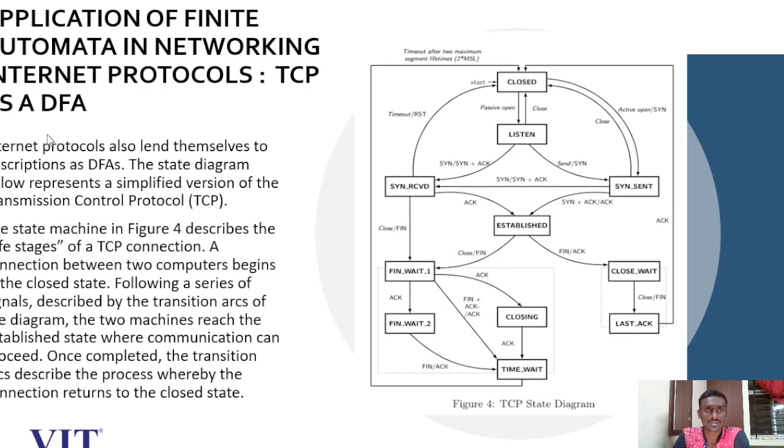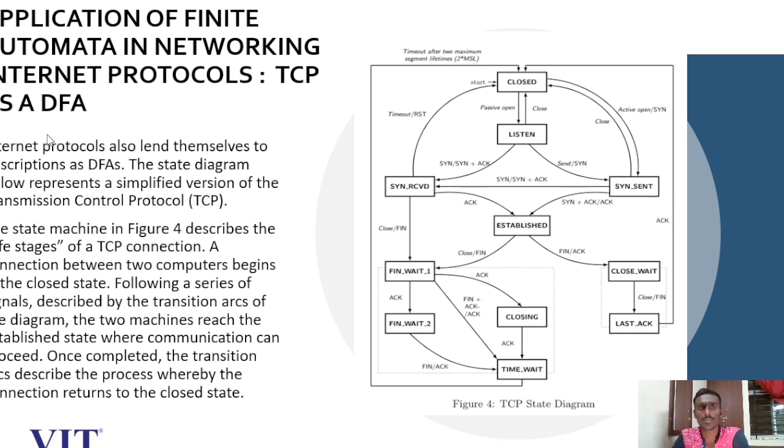Okay, let us go to applications of finite automata in networking: internet protocol, TCP as a DFA. There are a lot of applications of DFA, NFA and epsilon NFA. Internet protocols also lend themselves to description as DFA.